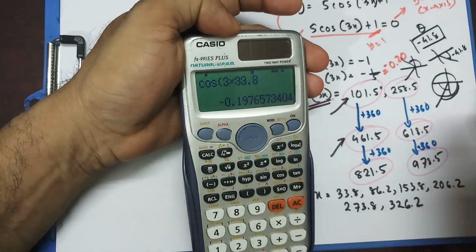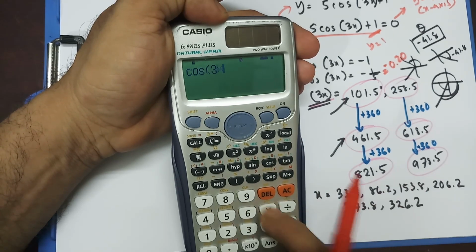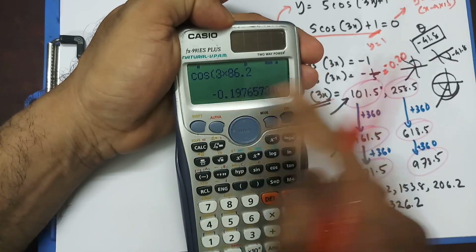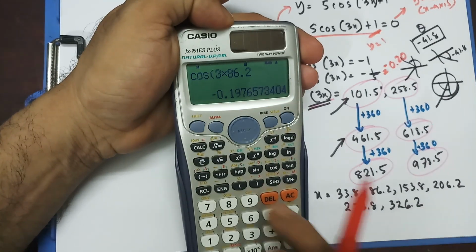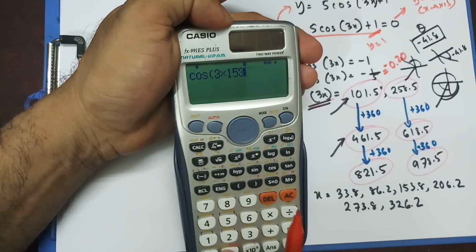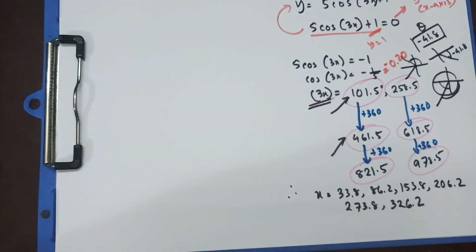Okay, so that's pretty close. Now again, another value, cos 3 times 86.2, that's also 0.197, pretty close to minus 0.2. Then cos 3 times 153.8 also gives the same value. So I hope you are convinced with that.